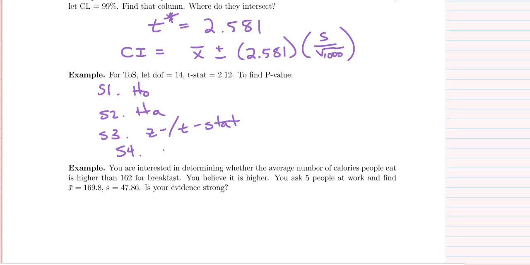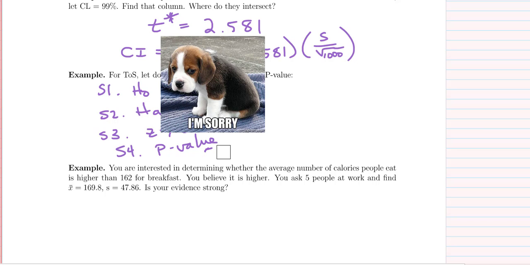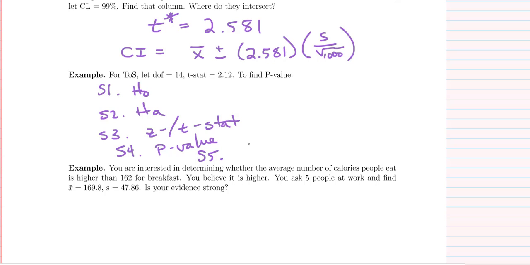Step 4 is always find the p-value. And step 5 is compare the p-value to your level of significance and conclude. This is just a review of our steps for a test of significance.